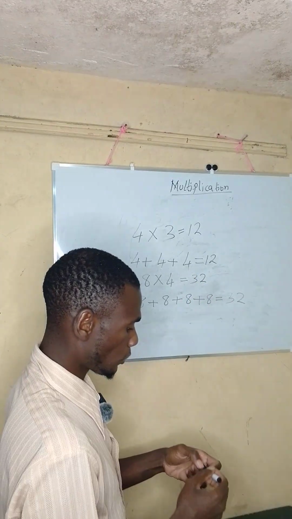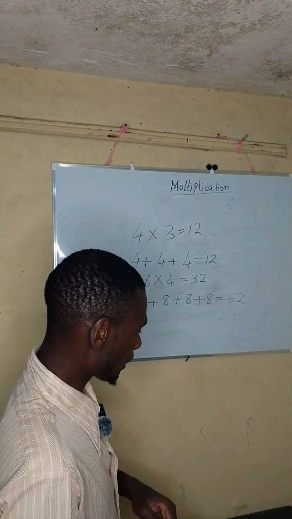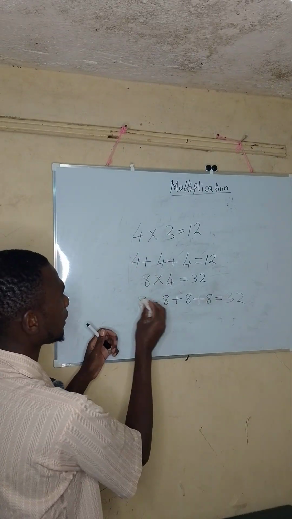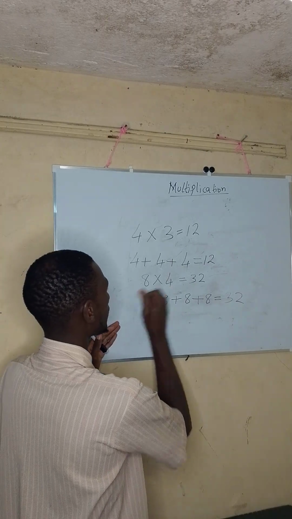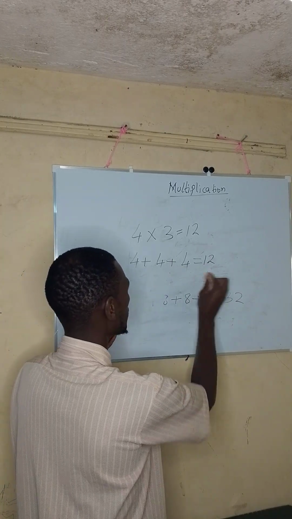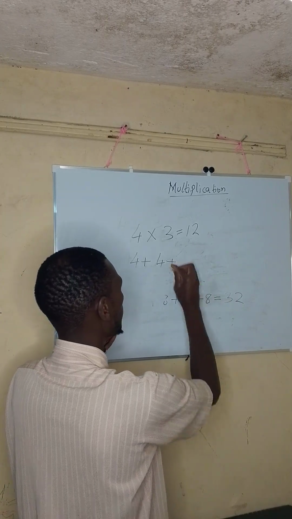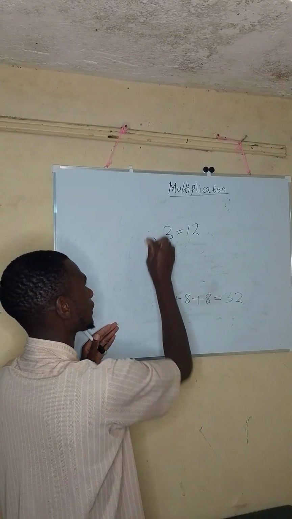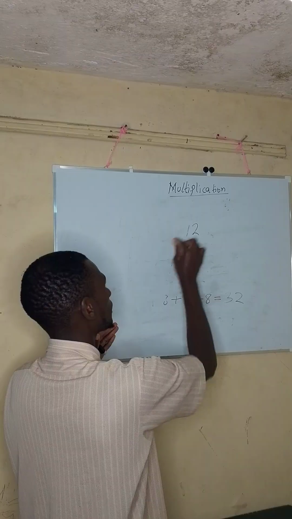Now, because we are handling various learners, others will get big numbers, others will get small numbers. So let me start with multiplying a 2-digit number by a 1-digit number. That is around grade 4.